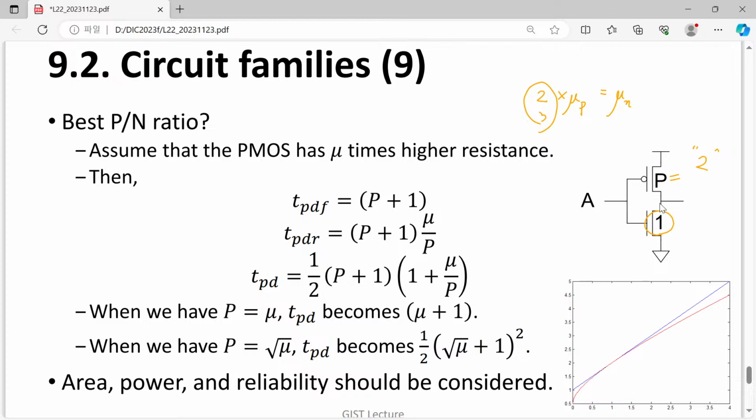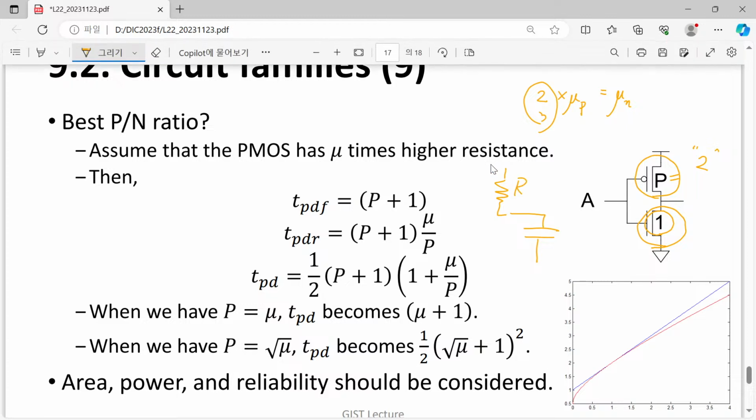Because once we match these strengths of our pull up and pull down, there is a common capacitor, and if we keep the same R values, then pull up time will be given by this RC product. And if we have the same pull down network resistance R, then this discharging time will be the same.